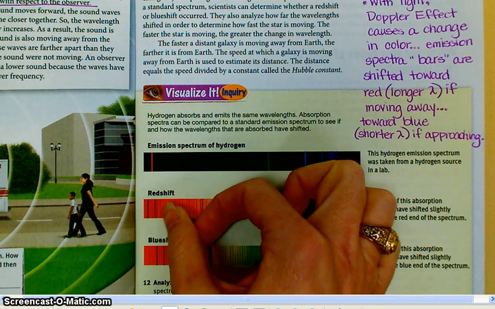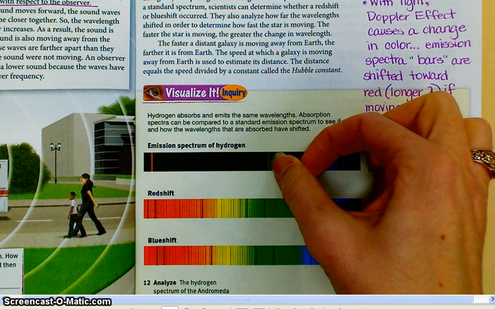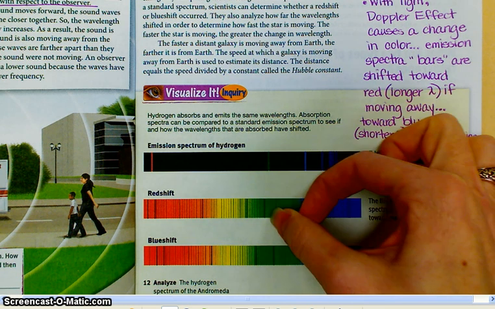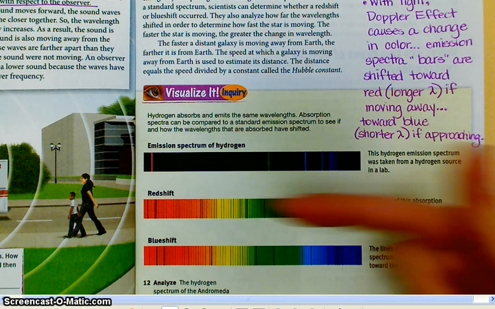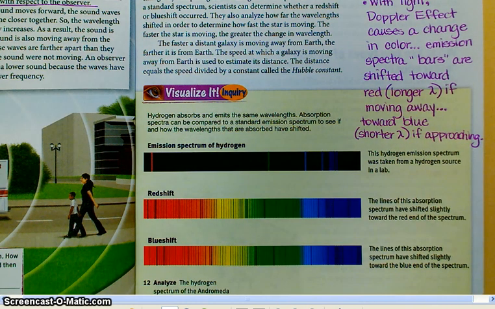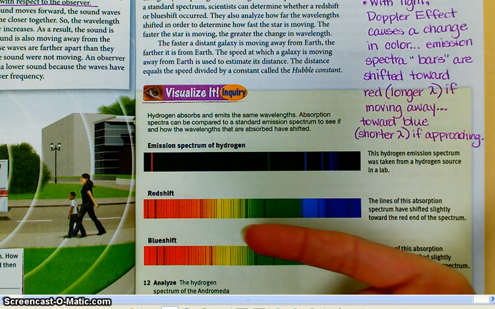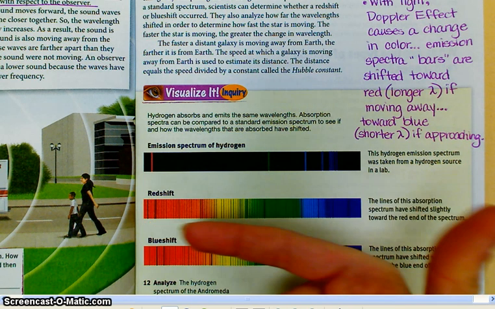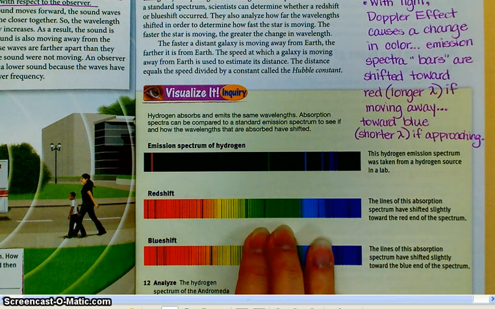It should be probably about here. Okay, and this dark green bar corresponds to this. It's shifted a little bit towards this end, the red end of the spectrum. So all of these distinct bars that tell us it's hydrogen, they all get shifted a little bit to the left, or the long wavelength end, and that's the red end. Okay, this is if the object is moving away from us.